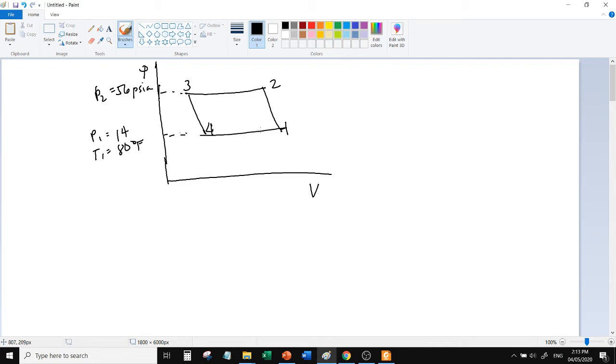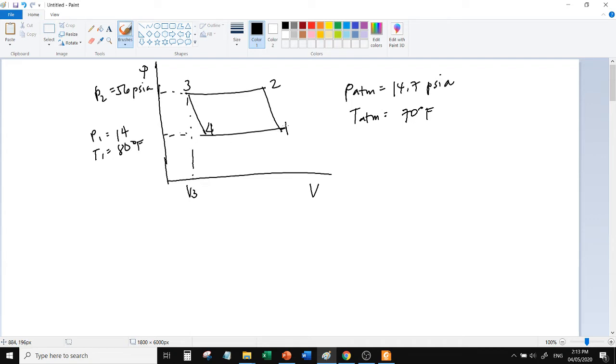And then, P atmospheric is 14.7 psia, T atmospheric 70 degrees Fahrenheit. And then, dito sa drawing, ito yung V3 natin.